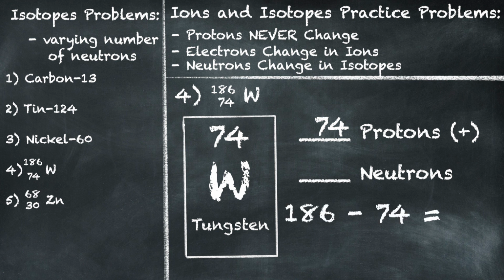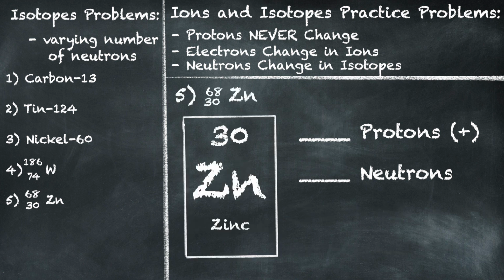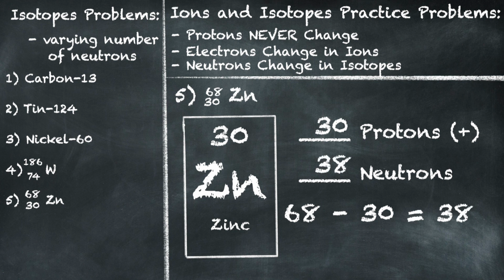This gives us 112 neutrons. Finally, our last isotope is 68Zn. Okay, Zn is the chemical symbol for zinc. We know that zinc has 30 protons, so all we have to do is take our new atomic mass of 68, subtract our number of protons, which is 30, and that's going to give us our 38 neutrons.